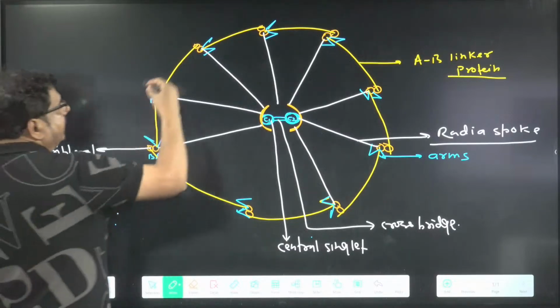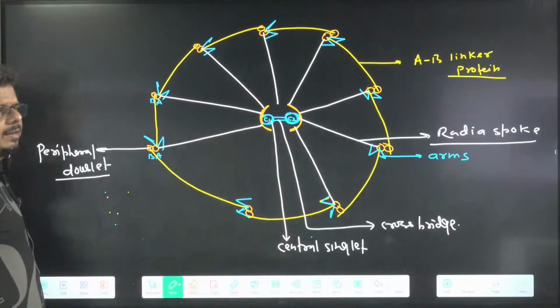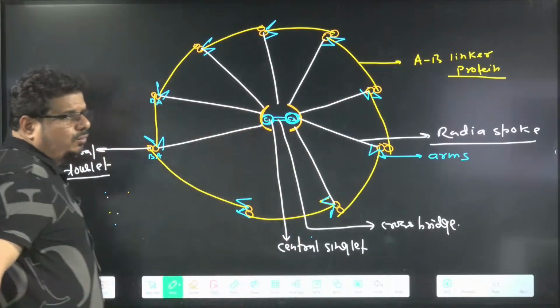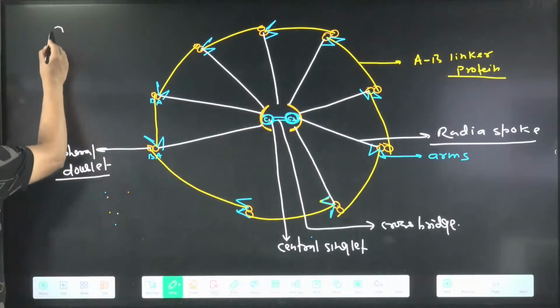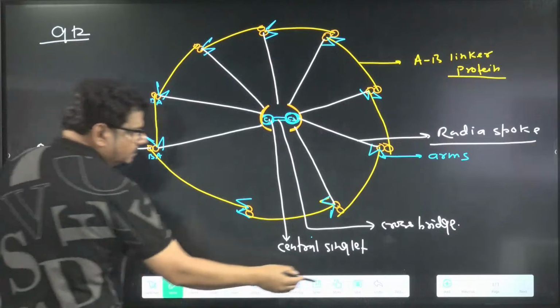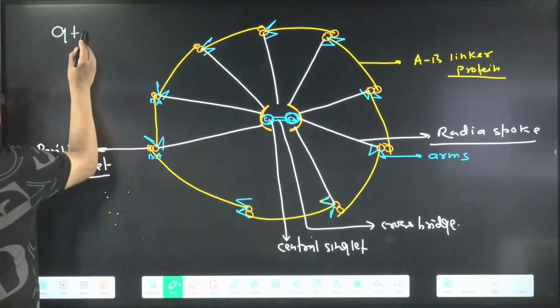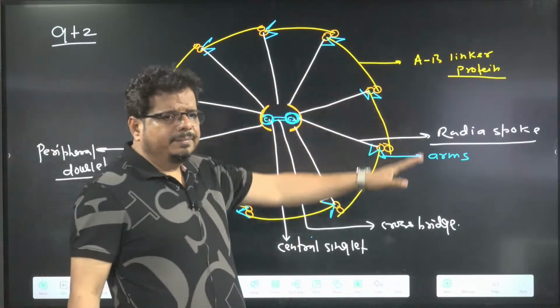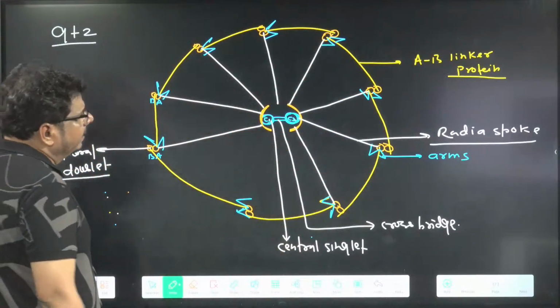So how many peripheral doublets are there? 9 peripheral doublets are there. How many central singlets are there? 2 central singlets are there, and that is the reason we call it which arrangement? 9 plus 2 arrangement. So this is the structure of an axoneme.